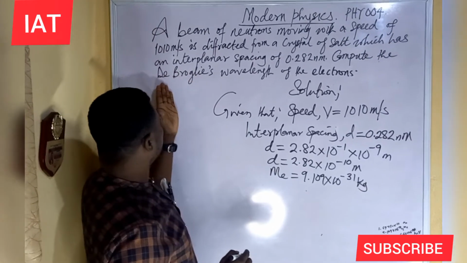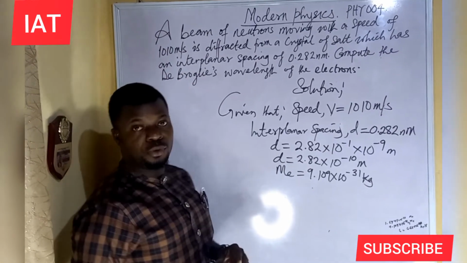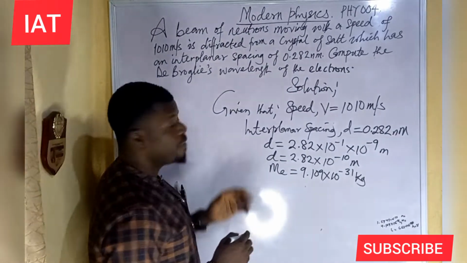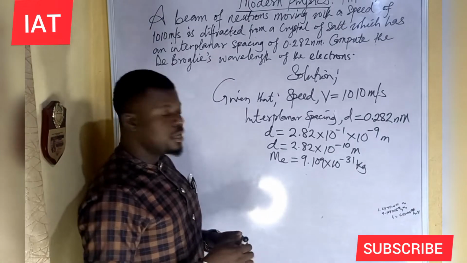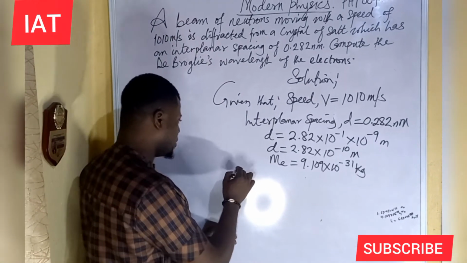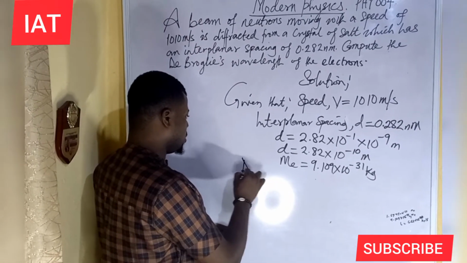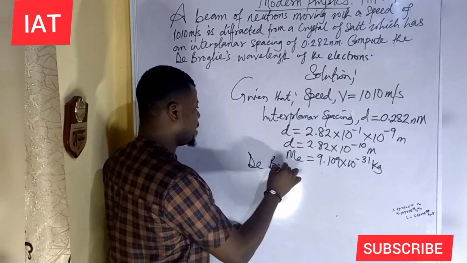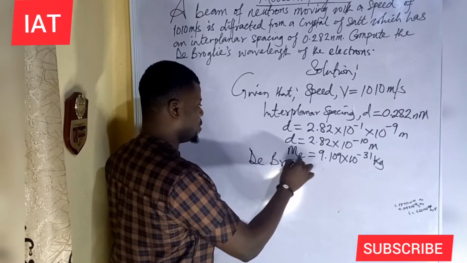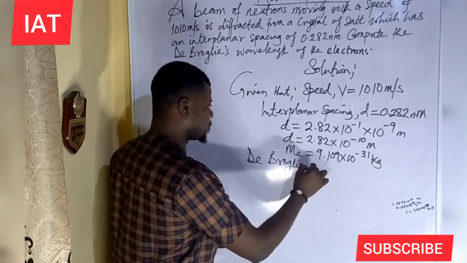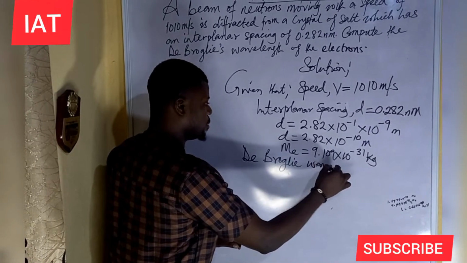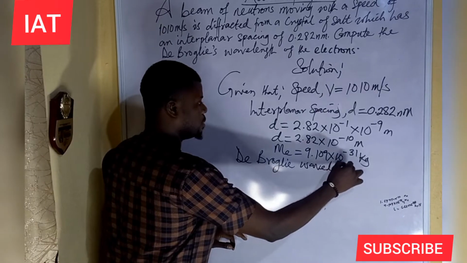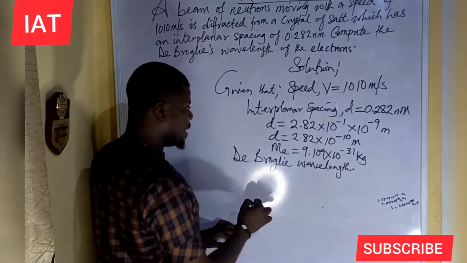Since we are asked to compute the de Broglie's wavelength, let's check for the formula for de Broglie. De Broglie wavelength, which is lambda.